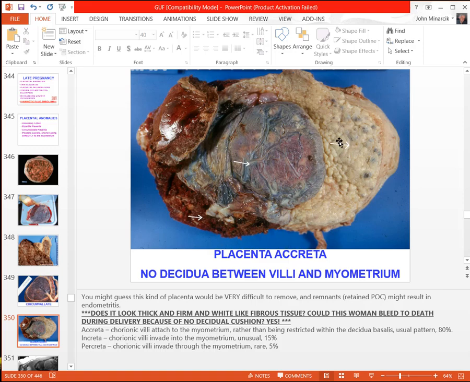But if for some reason there's not much of it, you have direct villi going into the myometrium, and when that placenta comes out, there could be a significant amount of hemorrhage, and that could be a very serious thing as well, causing death, DIC, shock, you know, the usual reason why people might die at childbirth.